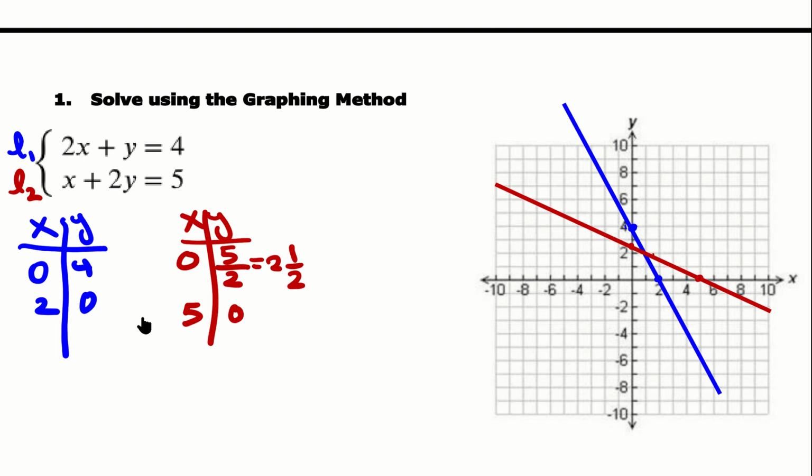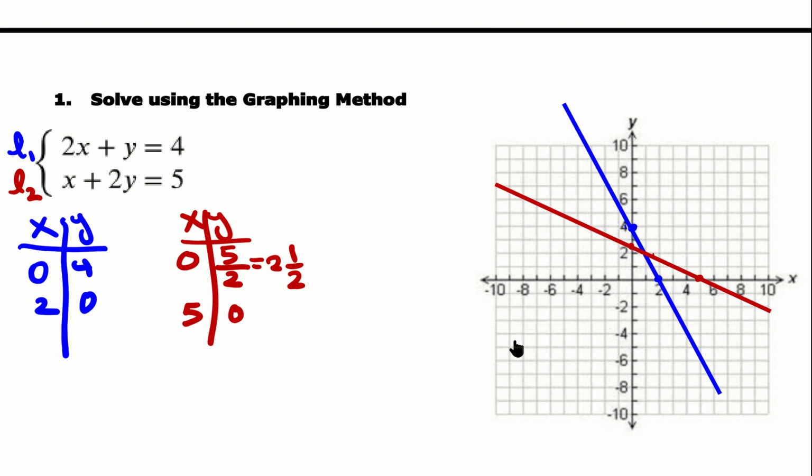This is called the intercept method because, as we'll see in a minute, when we graph L1 using the points (0, 4) and (2, 0), we notice that those two are actually the points where the line crosses the x-axis and the y-axis. This point here, (2, 0), is called the x-intercept because that's where the line crosses the x-axis. This other one is called the y-intercept because it is where the line crosses the y-axis.